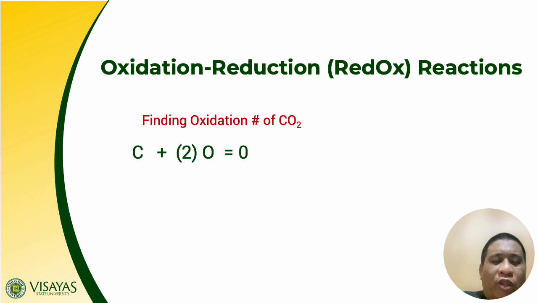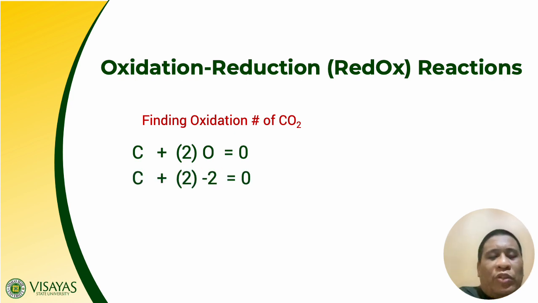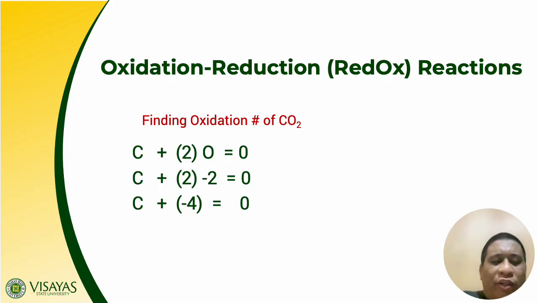Again, from the rules, we know that oxygen is negative 2, so we can substitute that there. 2 times negative 2 is negative 4, and we can further reduce this equation to oxidation number of carbon minus 4 is equal to 0. Transfer negative 4 to the right hand side of the equation, and that becomes a positive 4. Therefore, carbon is positive 4.